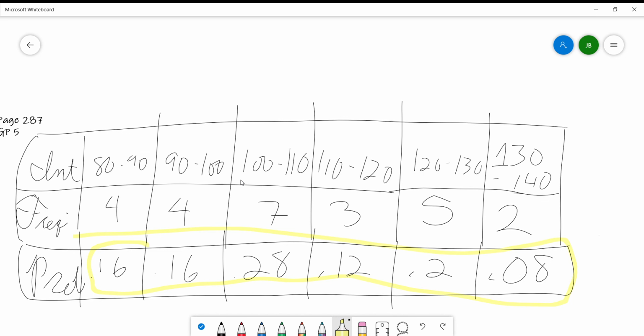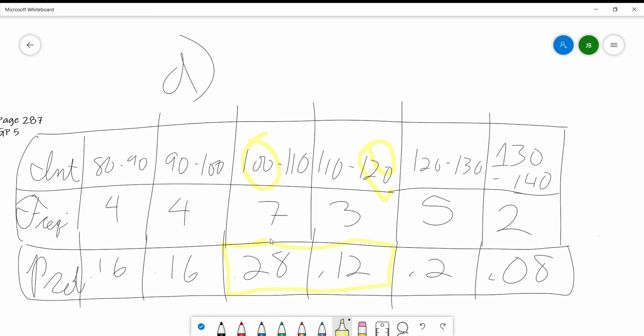Letter D: if a plant is selected at random, what is the probability of selecting a plant whose height is greater than or equal to 100 but less than 120? So we're looking for this range right here.